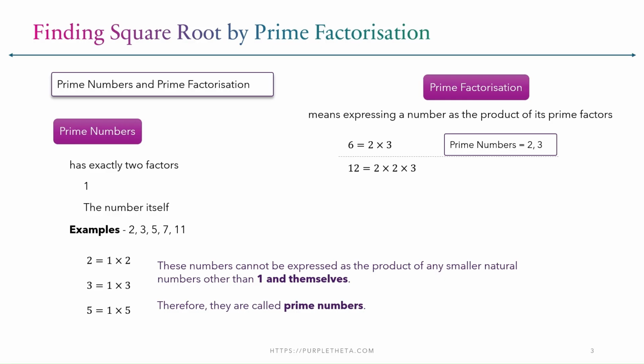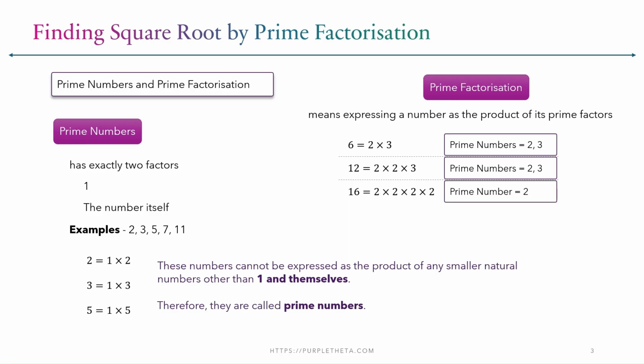Similarly, 12 can be written as 2 multiplied by 2 multiplied by 3. Here, prime numbers are 2 and 3, right? Similarly, 16 can be written as 2 multiplied by 2 multiplied by 2 multiplied by 2, right? Here, the prime number is 2, where 2 is multiplied 4 times, right? So, in 6, 12, and 16, each factor is a prime number. Therefore, these are the prime factorizations of 6, 12, and 16, right?